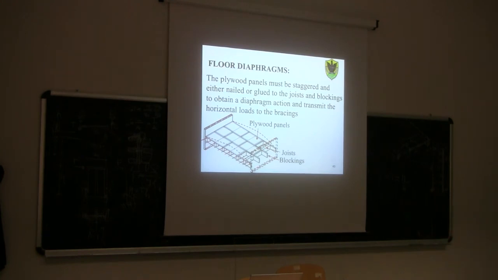What would you do? Yes. How can you transfer the tensile force along this edge here, since you have this discontinuity between blocking and joist? Which kind of detail could you use to transfer tensile force along this line?